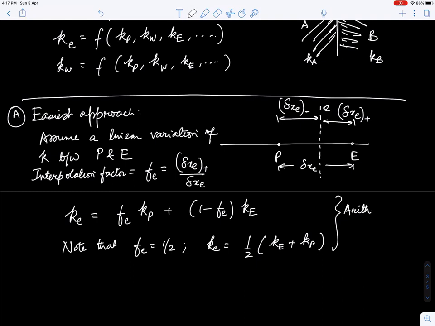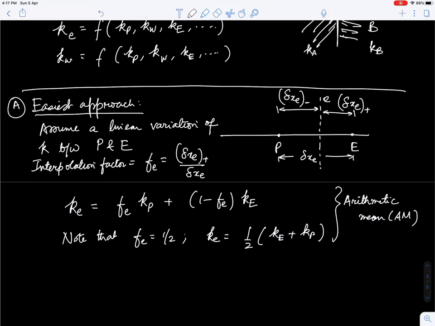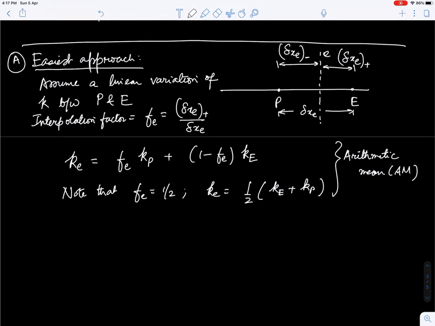So this formulation is the arithmetic mean form of approximating conductivity at the face. Now, even though this approach is extremely easy to understand, there are severe problems with this formulation.